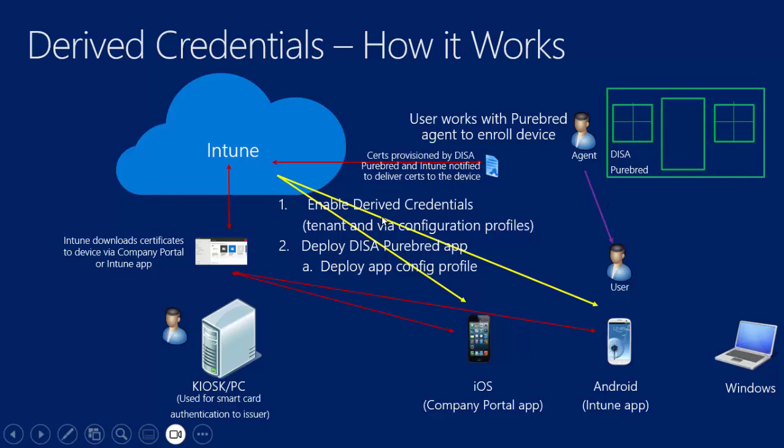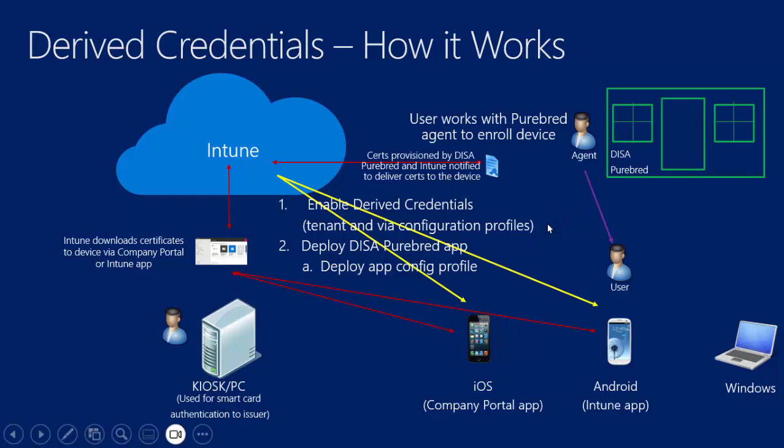So as the Intune admin, you need to enable derived credentials for your tenant and also for the devices that will participate in derived credentials. So you have to do two things, and likely you'll do these things before you ever get started in the process. So that's item number one. Enable derived credentials for the tenant, enable derived credentials for the devices that you want this to be enabled on.